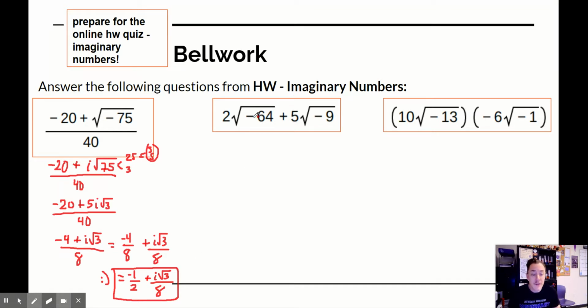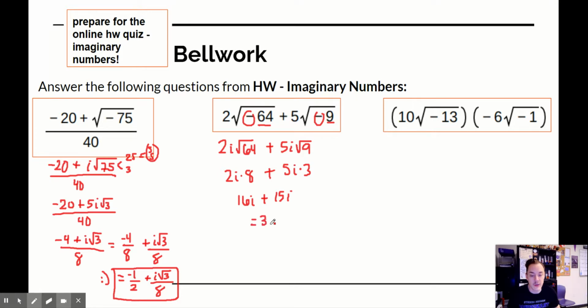This one, fairly simple. They're both perfect squares, 64 and 9, and then they both have the negative, which means I'm going to pull out the i, of course. So now what's so far is 2i, and this is radical 64, plus this will be 5i radical 9, and so this is going to be 2i times 8, because radical 64 is 8, radical 9 is 3, and so this becomes 16i plus 15i, which reduces down to 31i, which is technically 0 plus 31i.